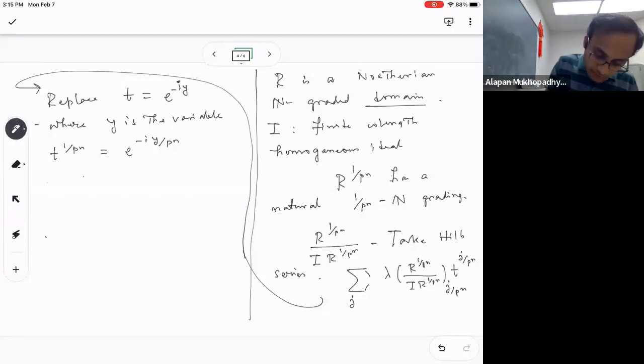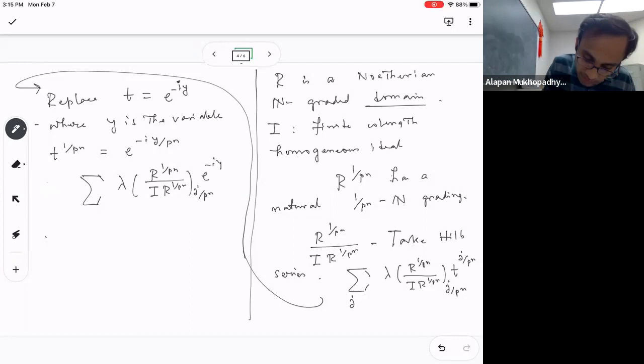I end up getting the following function: the length of R^{1/p^n} divided by I R^{1/p^n}, the j/p^n-th graded piece, times e^{-iy j/p^n}. Let me write it properly: (e^{-iy/p^n})^j.